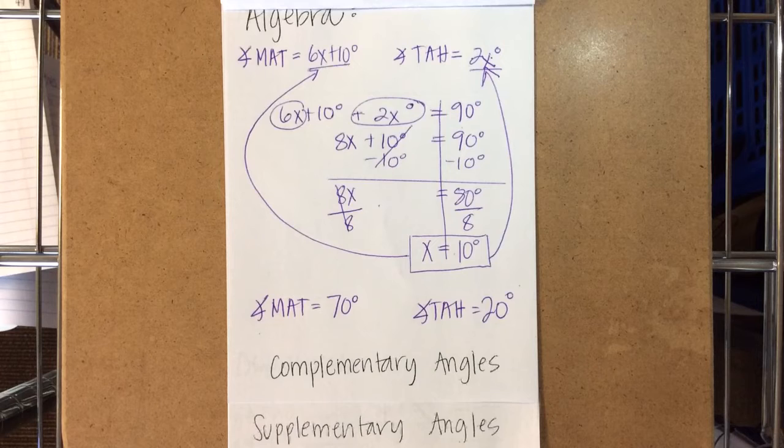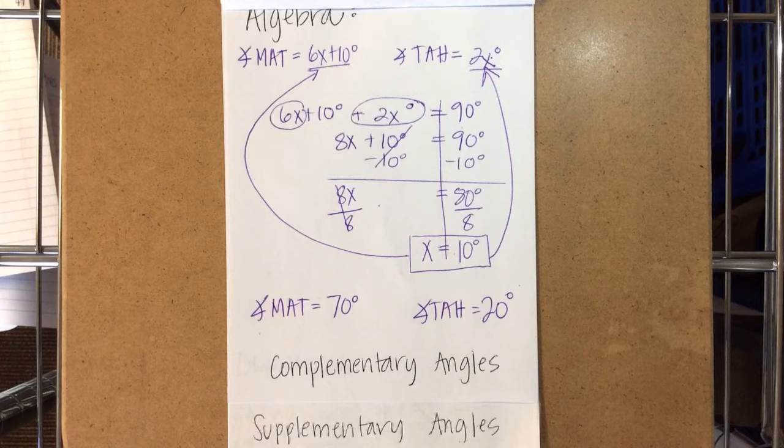All right, here's my picture. Are those two angles adjacent? Yeah. What do they share? What side? They share ES. And together, what do they equal? 180. So let's do some algebra.